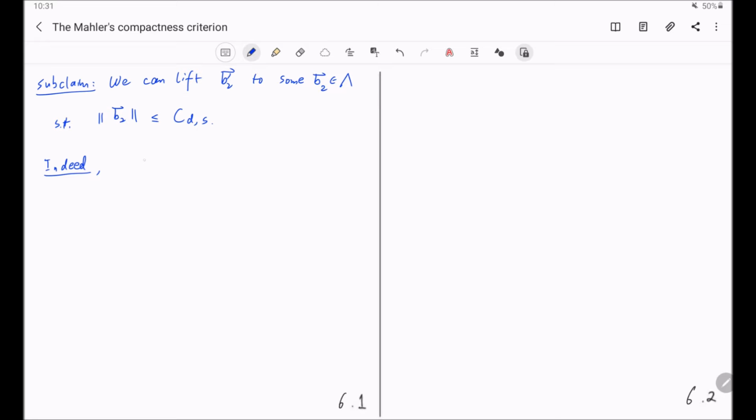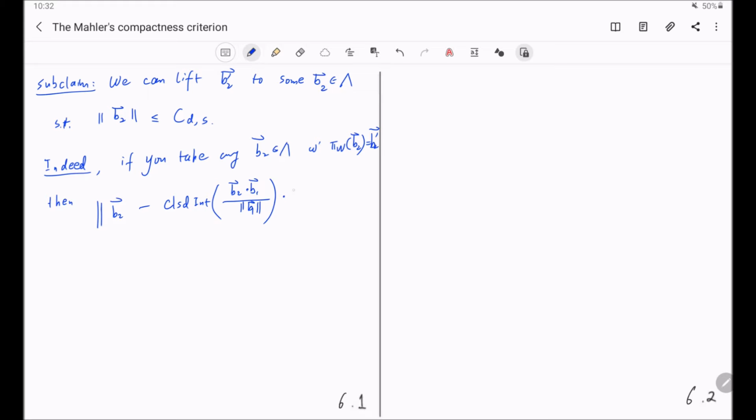Indeed, if you take any B2 in lambda with pi w of B2 equal to B2 prime, then you consider the norm of B2 minus the closest integer to this quantity, B2 dot product B1 divided by the norm of B1, times B1.